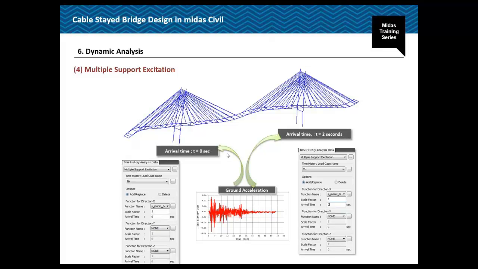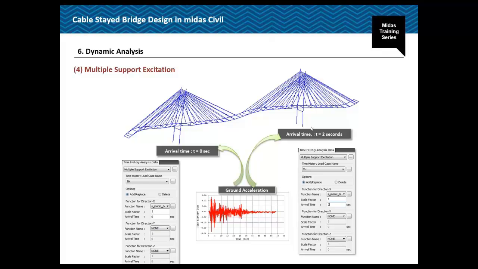And in the structure with multiple supports, different time history functions in terms of the ground acceleration can be applied to different supports. So in the case of a long span bridge, when the distance between the pylons is large, the arrival time of the seismic excitation varies.